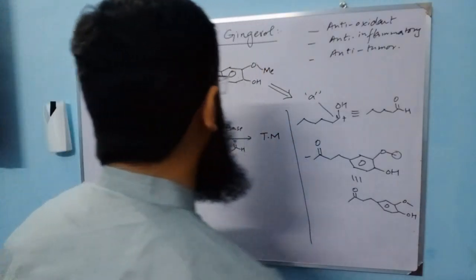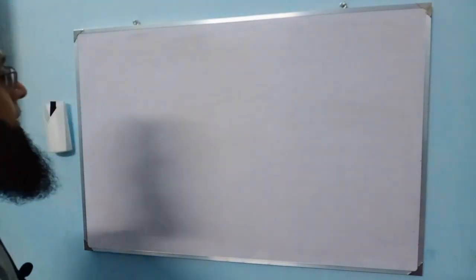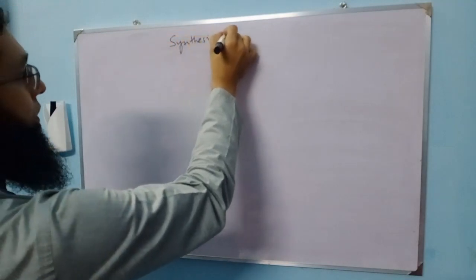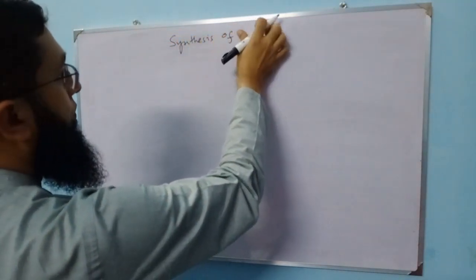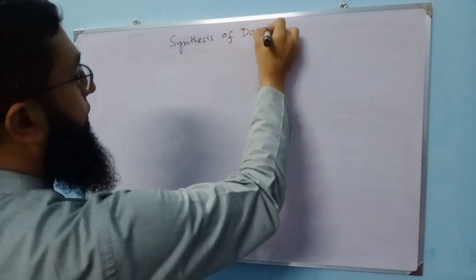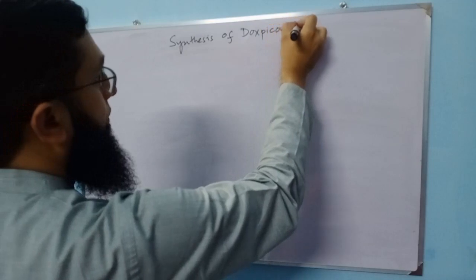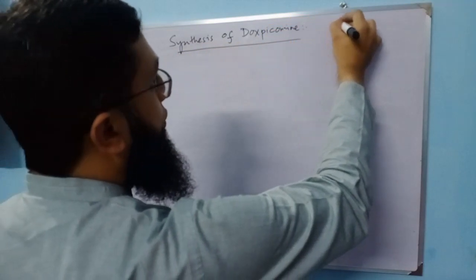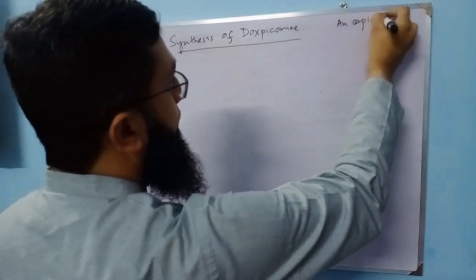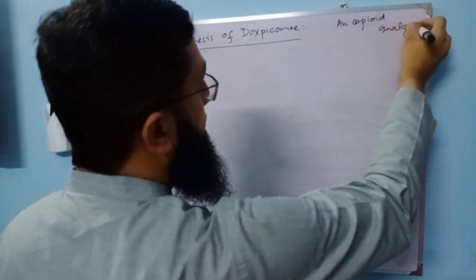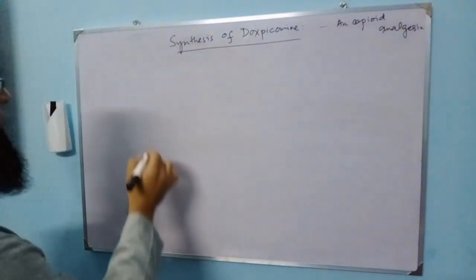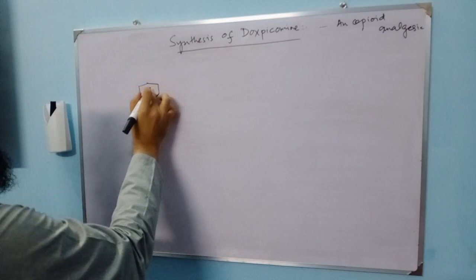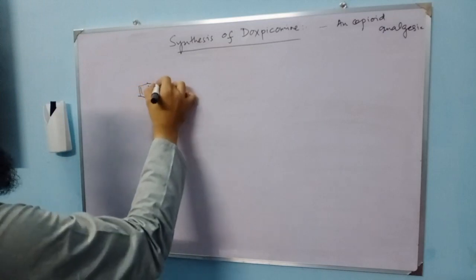Now we see the next example. The next example is the synthesis of doxycycline, which is an opioid analgesic, and its structure is this one.